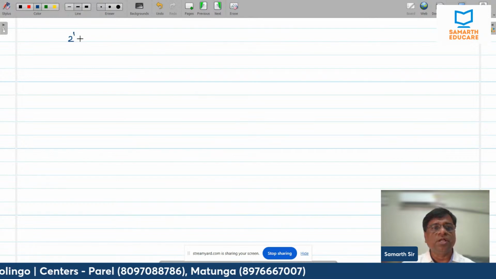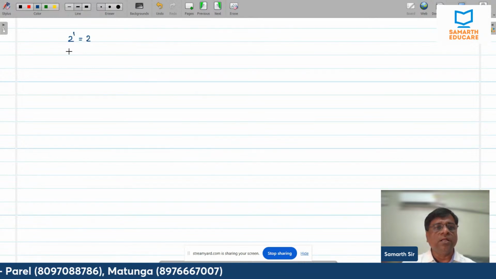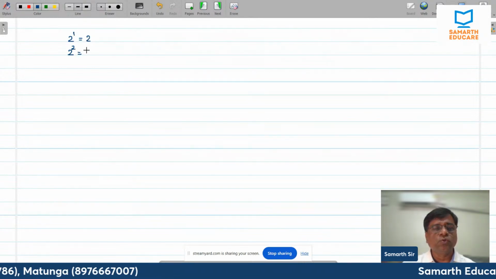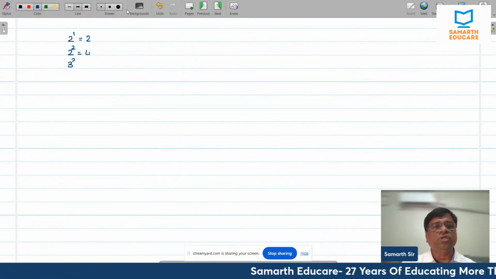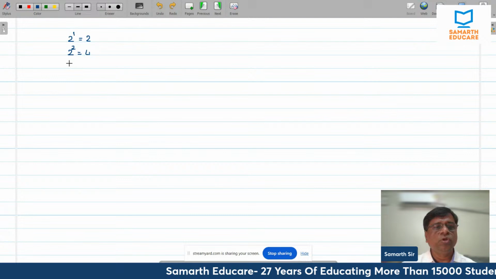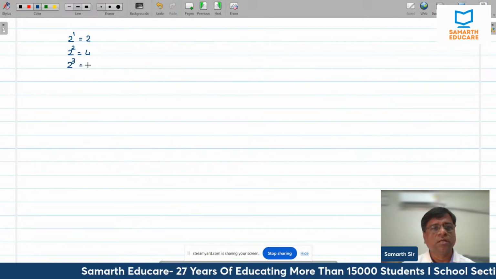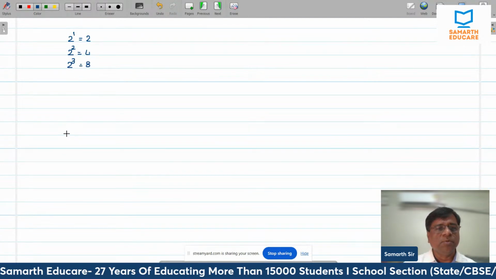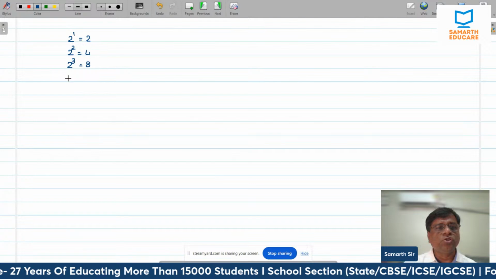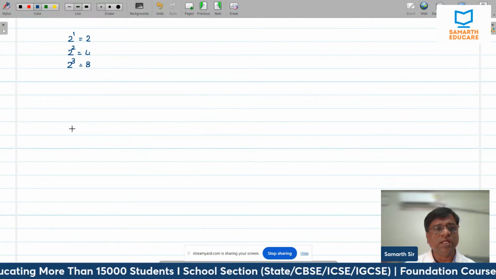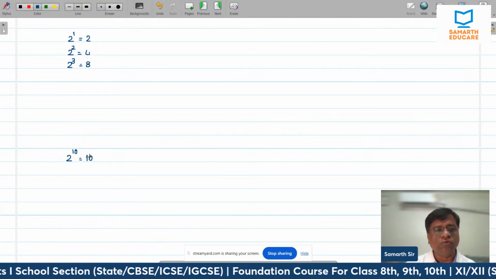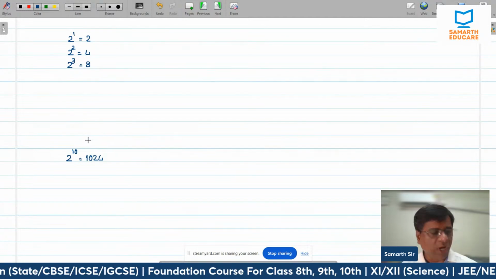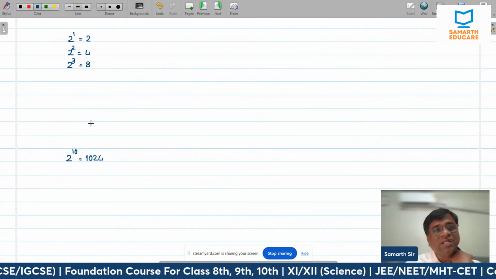So I would recommend you go and complete this: 2 squared is 4, 2 raised to 3 is 8. Like this, prepare a table up to 2 raised to 4, 5, 6, 7, 8, 9, and 10. 2 raised to 10 is 1024. If you have time, memorize these values.